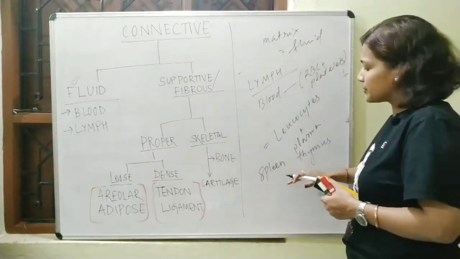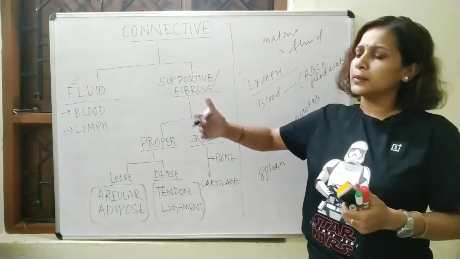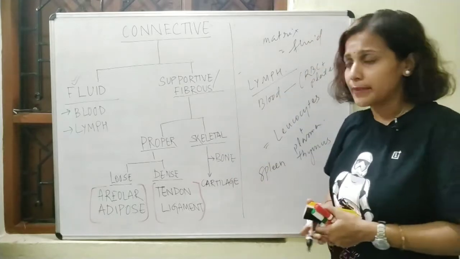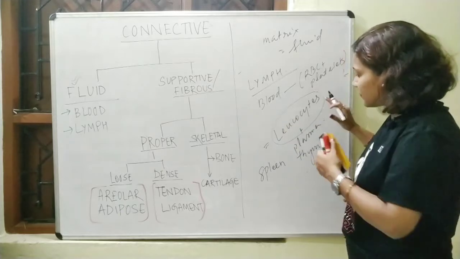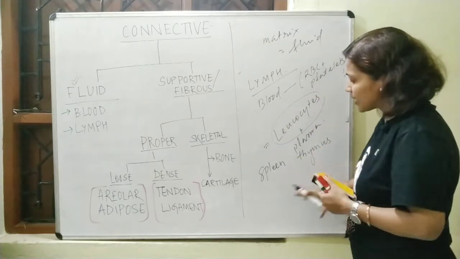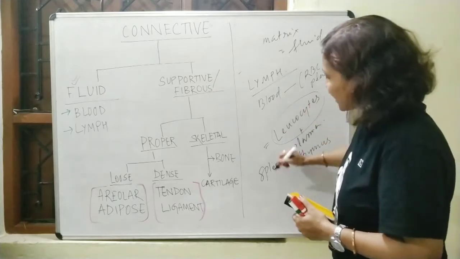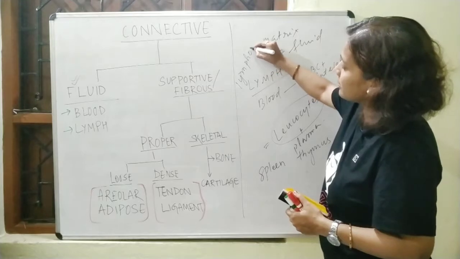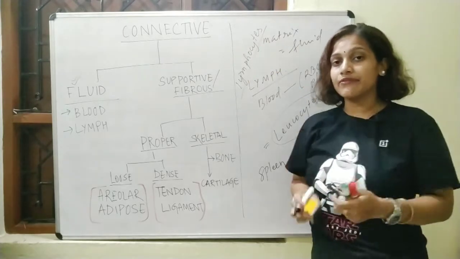Now they have a vast network of lymphatic vessels inside your body. And the leukocytes present in the lymph being channelized over here are actually called the lymphocytes.